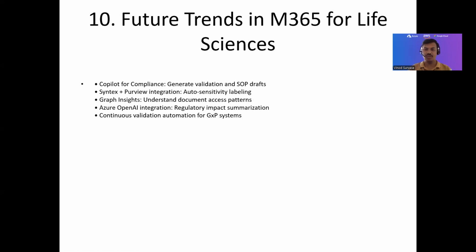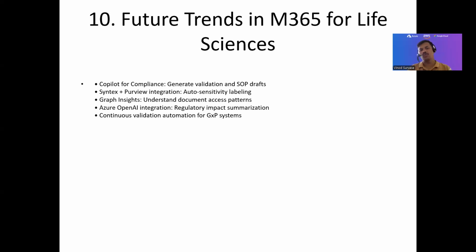And these are the high-level future trends in Microsoft 365 for life sciences, right? Using Copilot for compliance, Syntex and Purview integrations, Graph Insights, Azure OpenAI integrations, and continuous validation automation for good practices across the systems.